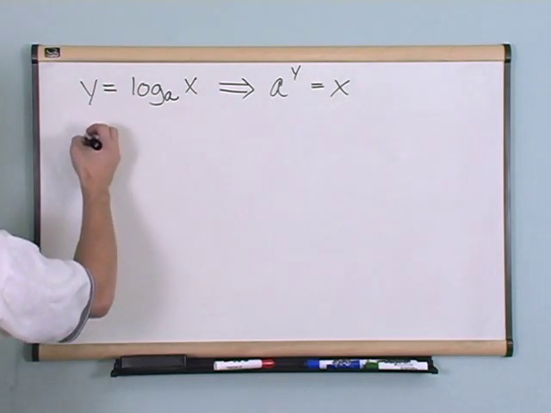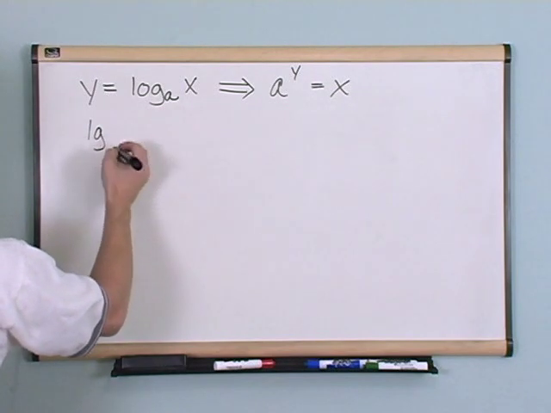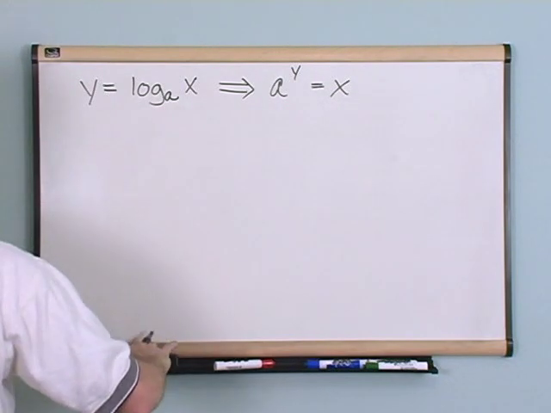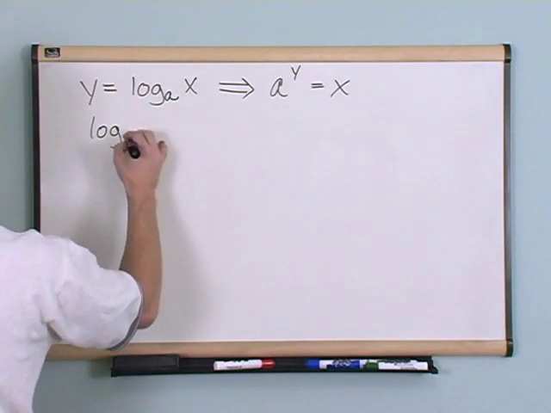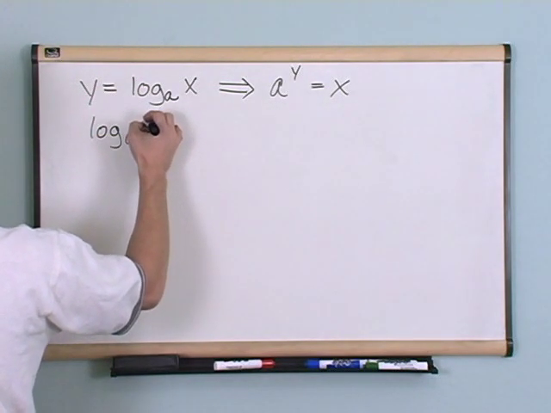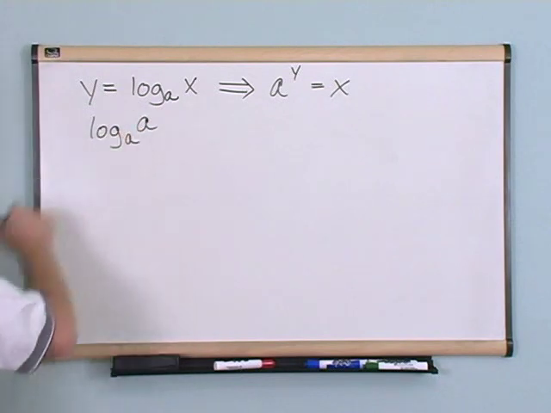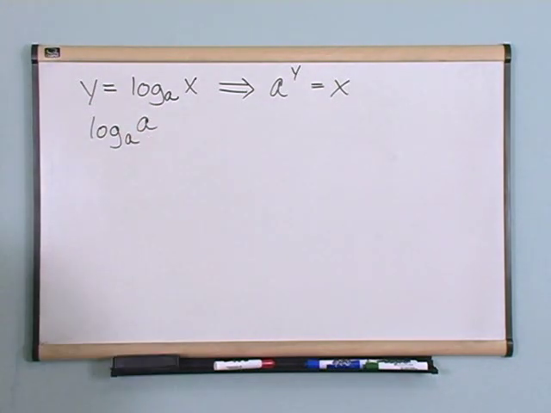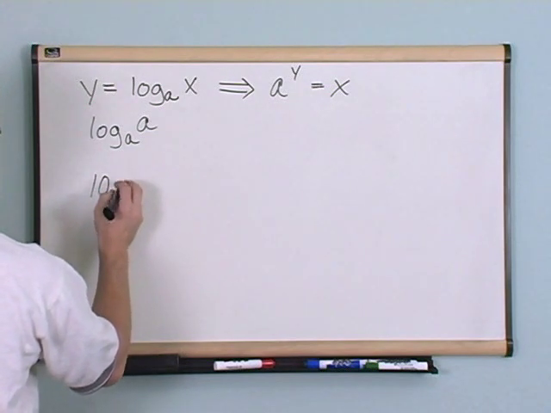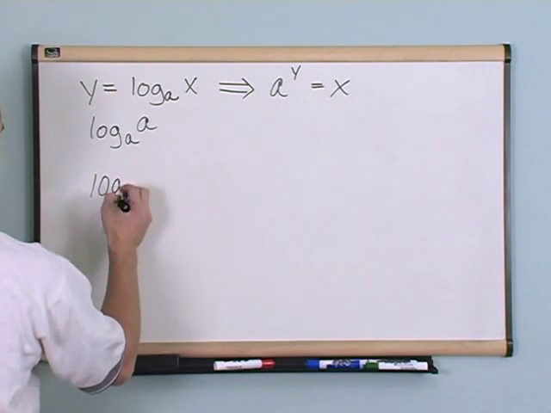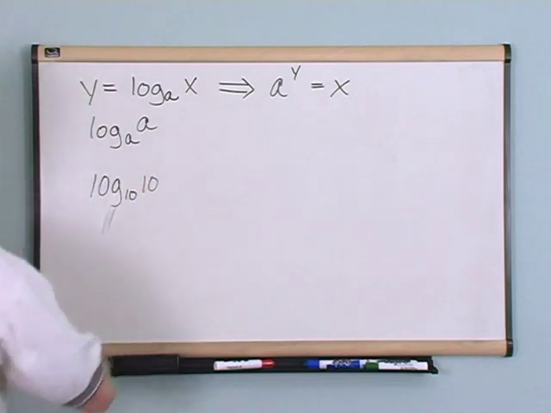Knowing what we know about logarithms, if I write log base a of the number a, where a is the same thing. So the example of this would be log base 10 of the number 10. What would that equal to?